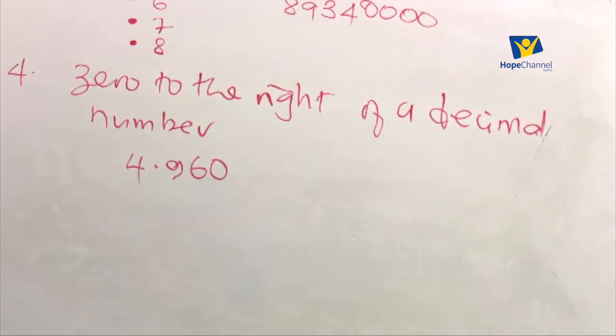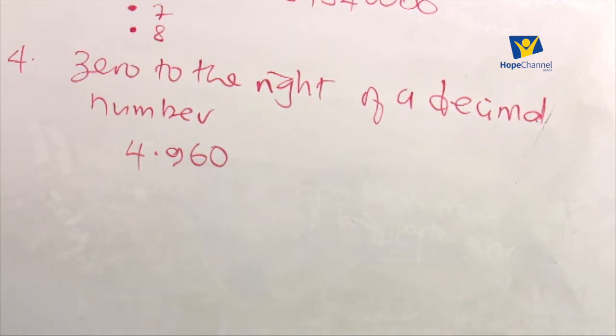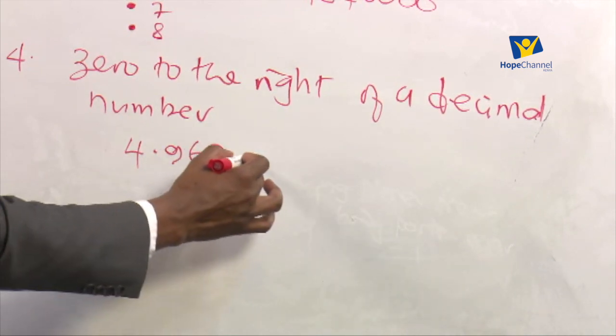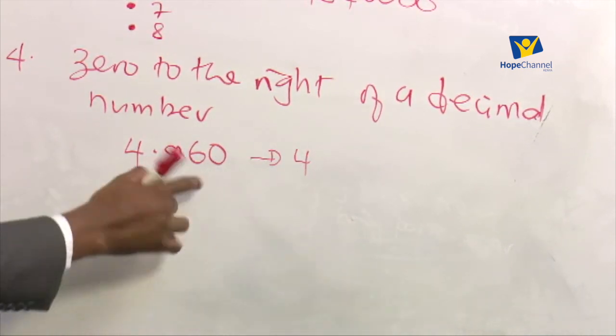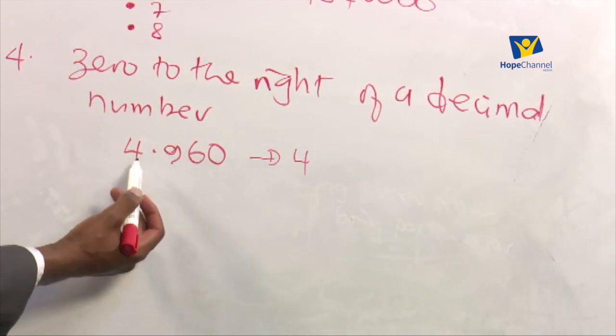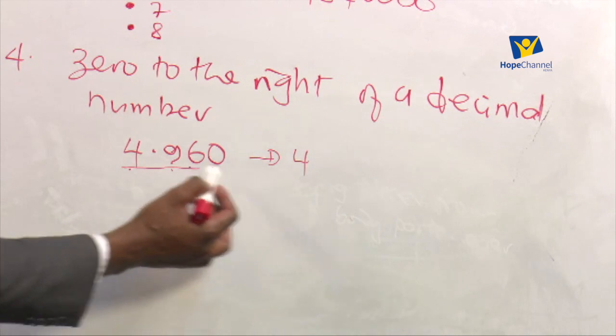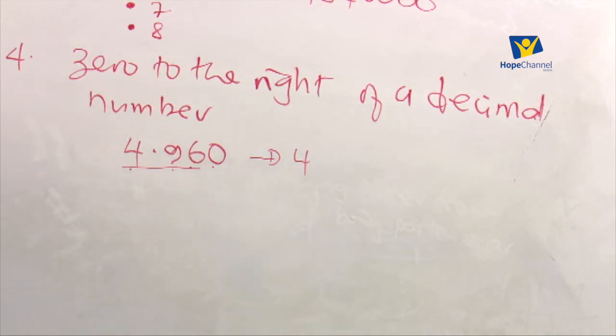A 0 to the right of a decimal number is always significant. So in this case, this number is written to 4 significant figures because this 0 is to the right of a decimal place. So we have the first significant figure, we have 1, 2, 3, 4. All the numbers that we are seeing there are significant, and so 4.960 is written to 4 significant figures.